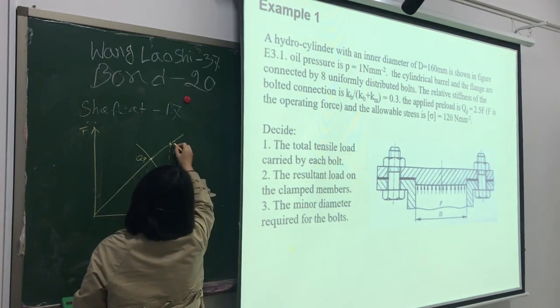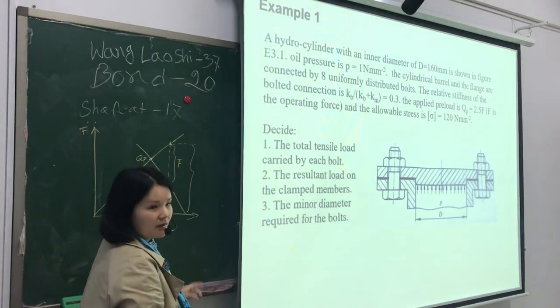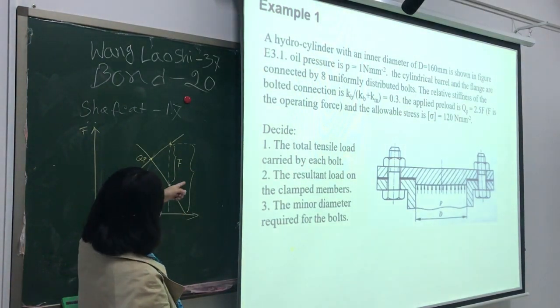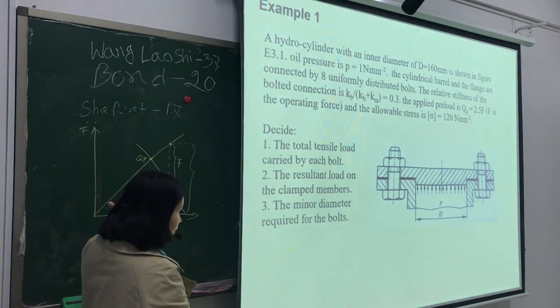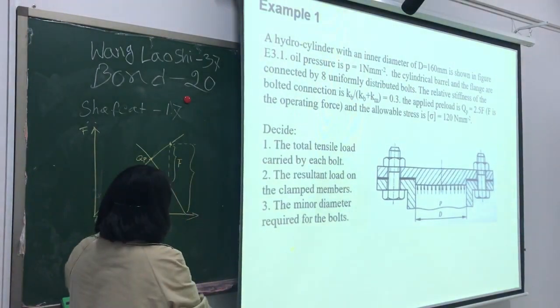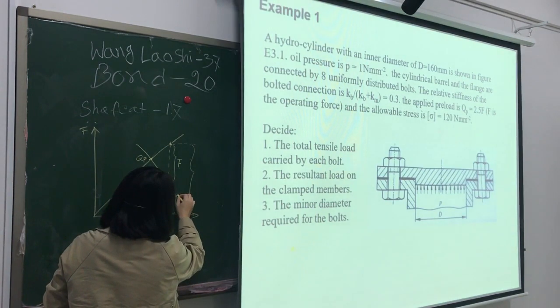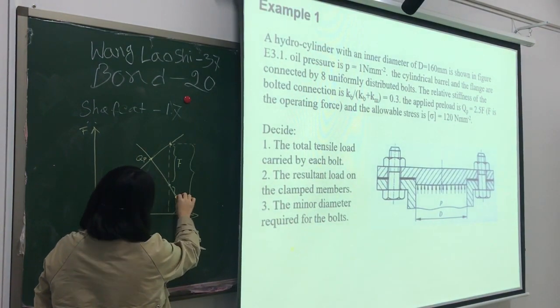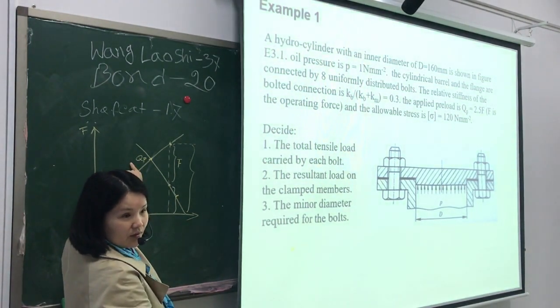We should calculate the total tensile load carried by each bolt, that is, the resultant force of the bolt, and calculate the resultant load on the clamped members. This is the remnant preload.